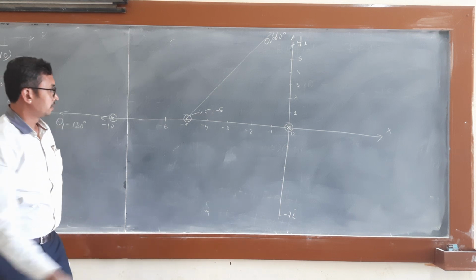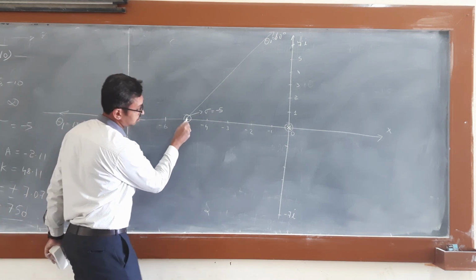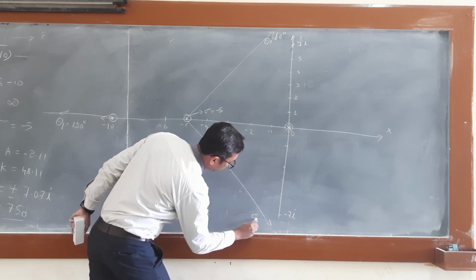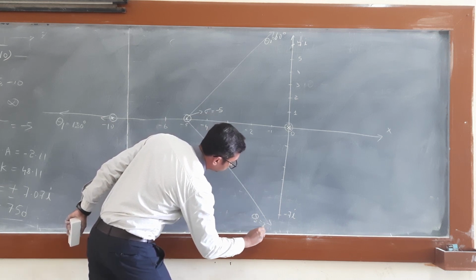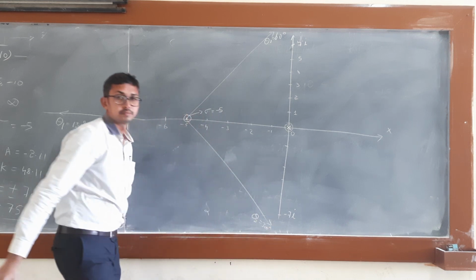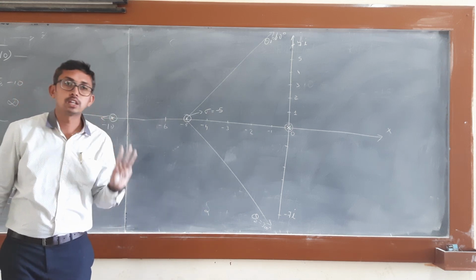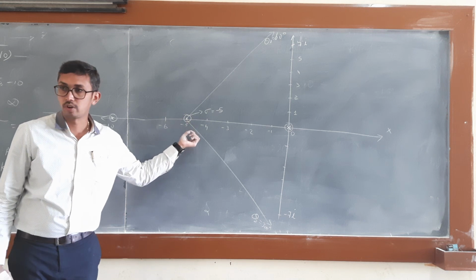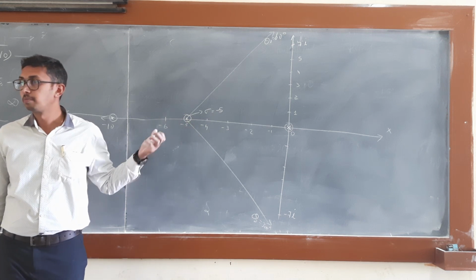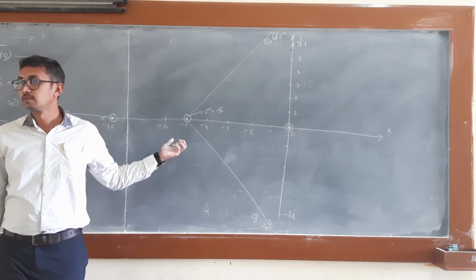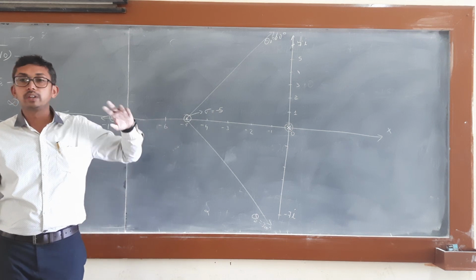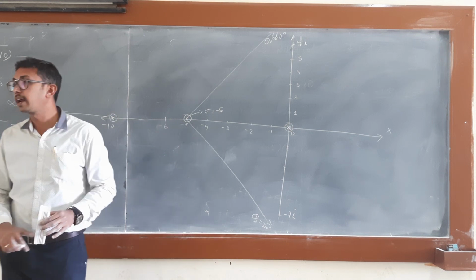Next, theta 2, that is 300 degree. So we have 3 asymptotes. We are going to draw the asymptotes from the centroid. How much is the centroid? Minus 5. Is it clear?